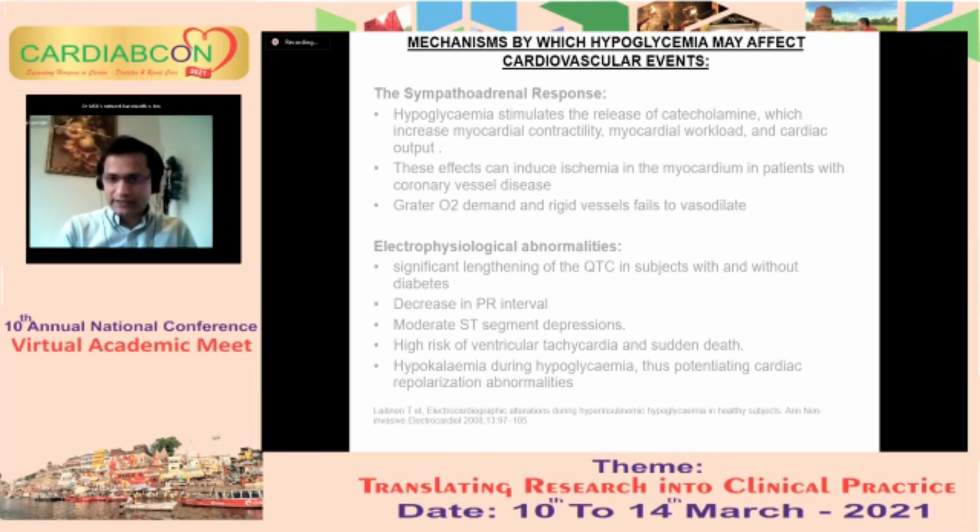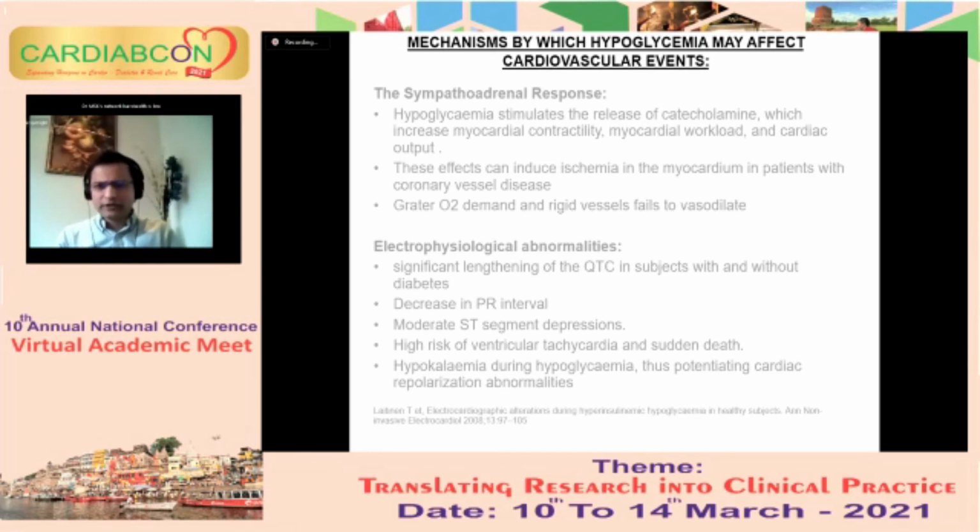Whenever there is a diastole, the myocardium gets vascularized and perfused. So if that diastole is affected in hypoglycemia, then obviously there is less blood supply to the myocardium, which can cause ischemia and precipitate subsequent events. Again, the blood vessels which are atherosclerotic do not dilate whenever there is increased oxygen demand, and obviously there is a mismatch between the demand and the supply.